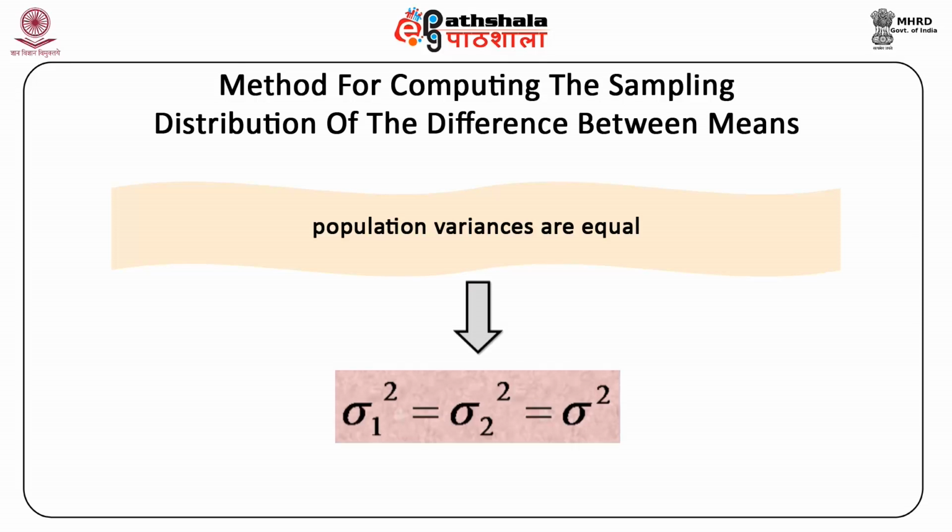That is, sigma 1 squared is equal to sigma 2 squared is equal to sigma squared. However, due to sampling error, if a sample is taken from each population, the two sample variances will likely differ from each other, as well as from the common variance sigma squared.